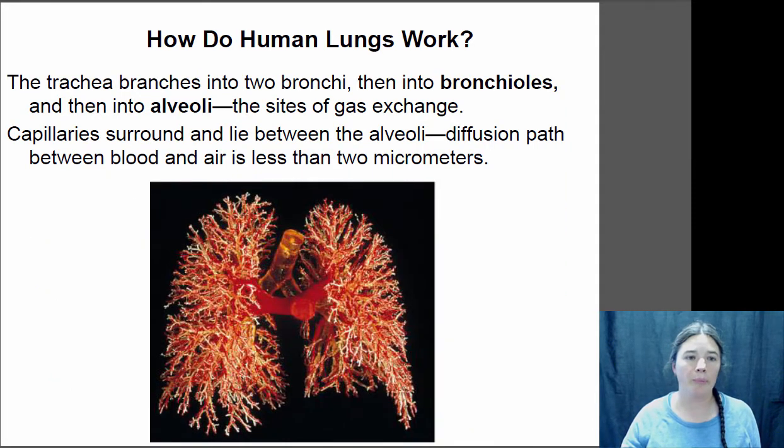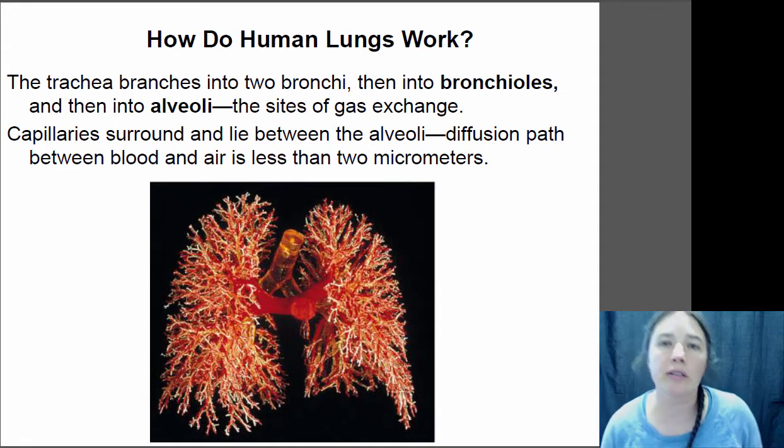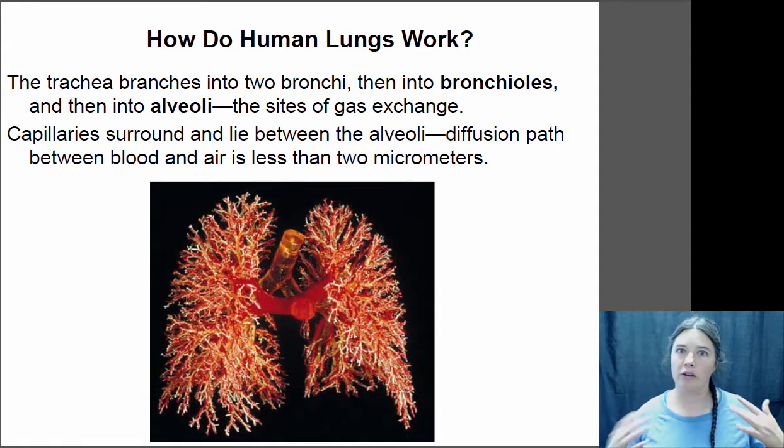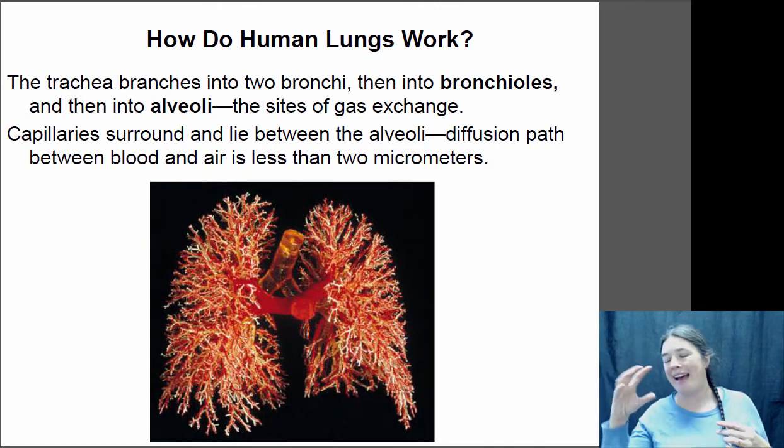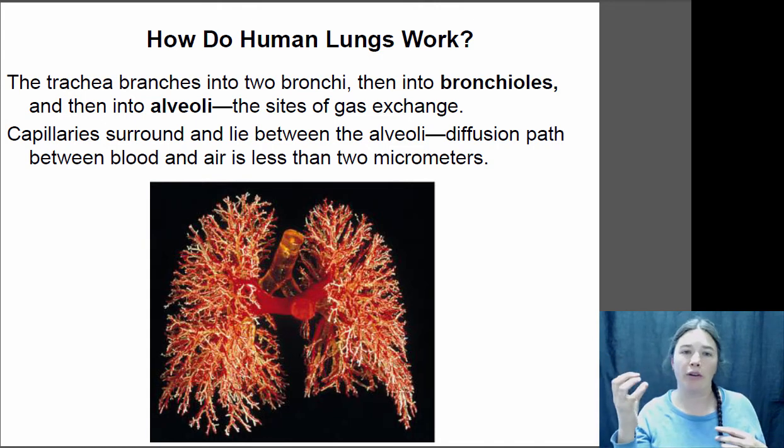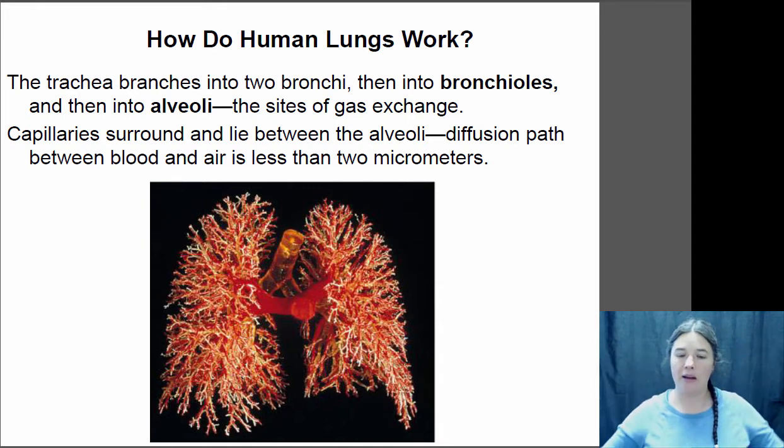So basically, if you look at the lungs, again, we want to maximize the surface area over which gas exchange can occur. So you take in air through your trachea, that splits into two bronchi, and then further splits into smaller tubes called bronchioles, and those bronchioles eventually end in little bubbles called the alveoli. And the alveoli is where gas exchange occurs. You have thousands and thousands of these little alveoli.